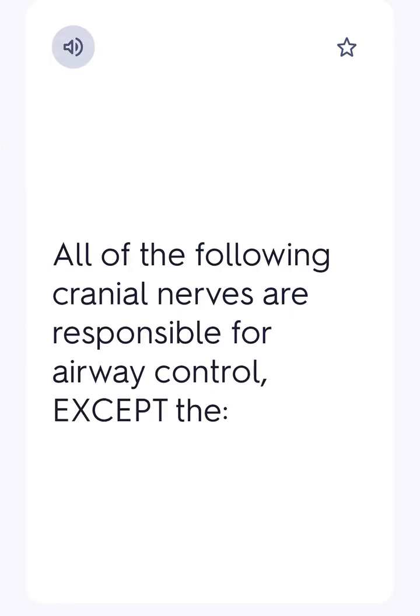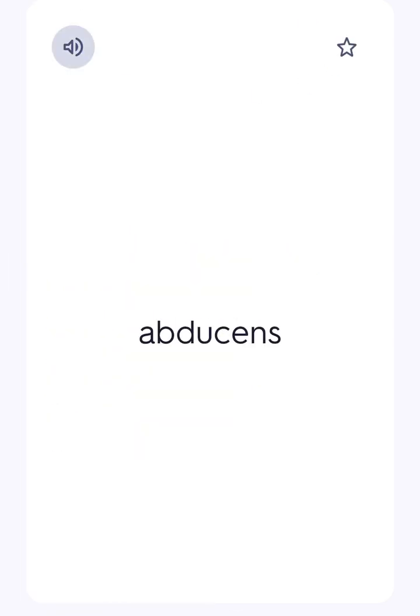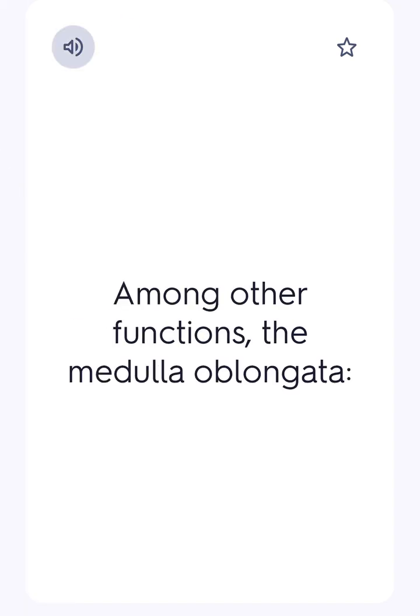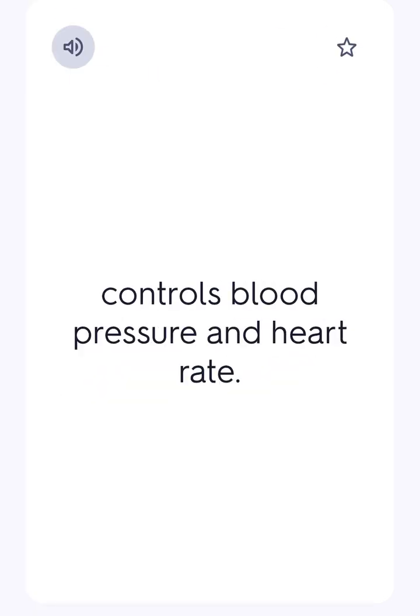All of the following cranial nerves are responsible for airway control, except the abducens. Among other functions, the medulla oblongata controls blood pressure and heart rate.